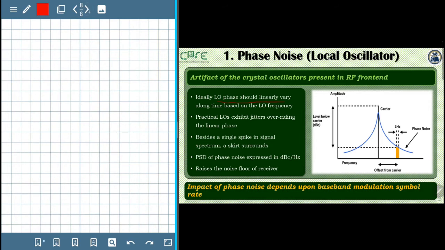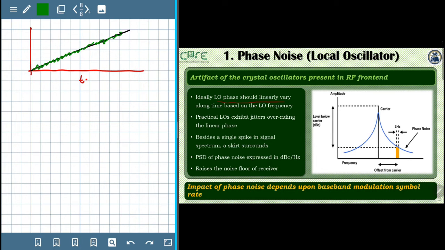So if we draw the phase over time, we should see a line like this depending upon the LO frequency. But practical local oscillators exhibit jitter overriding the linear phase, and that can be expressed as something like this.